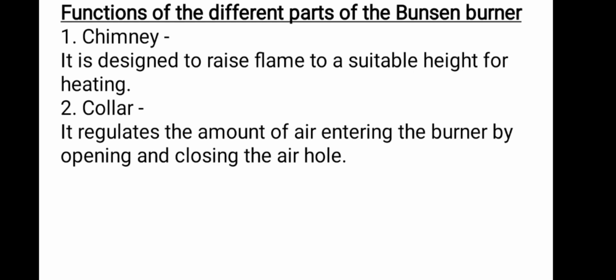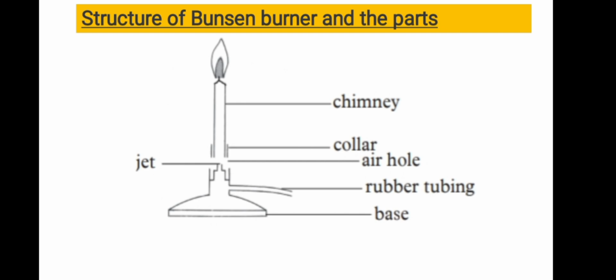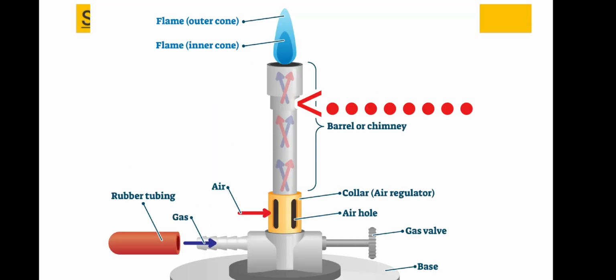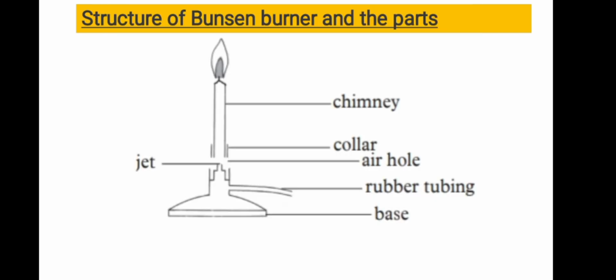The first, the chimney, is the part of a Bunsen burner that is designed to raise the flame to a suitable height for heating. Looking back at the structure, the chimney is just like a hollow pipe that allows the flame to rise to the top, or to the expected position.